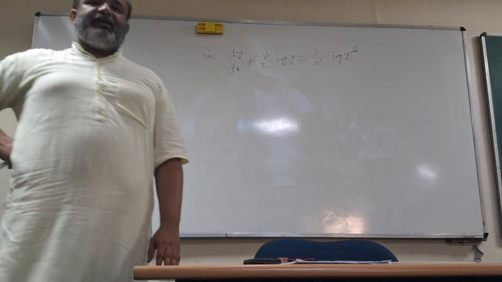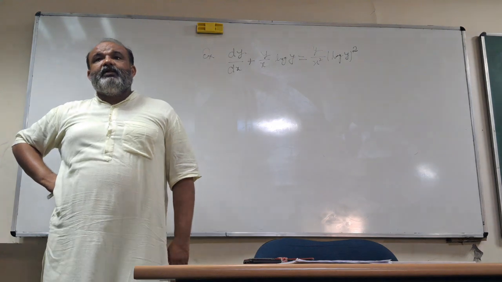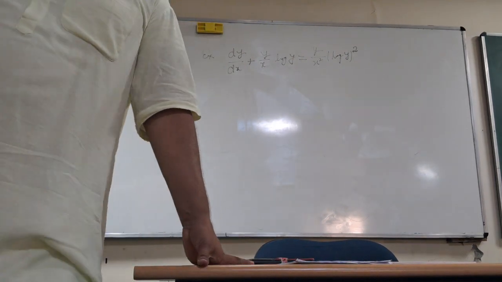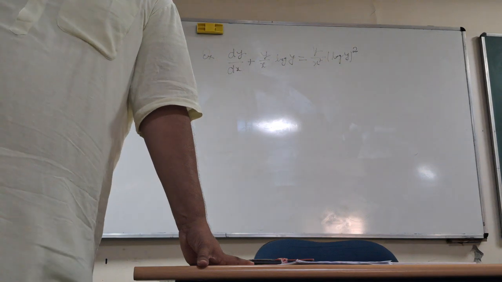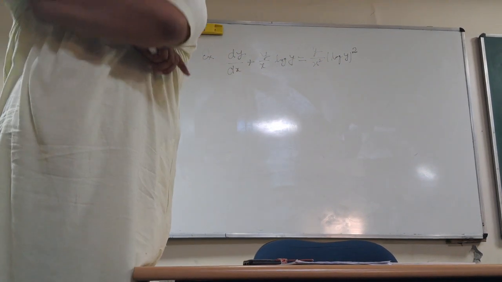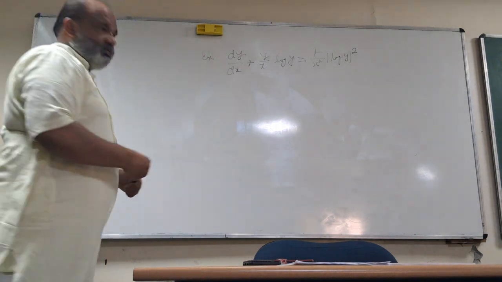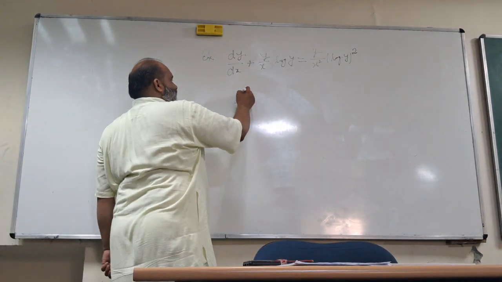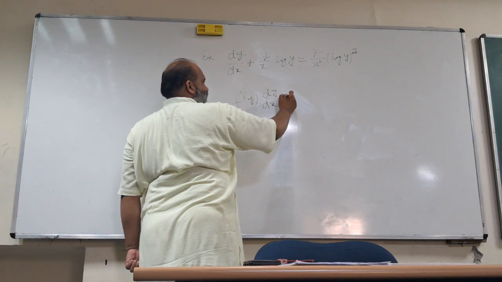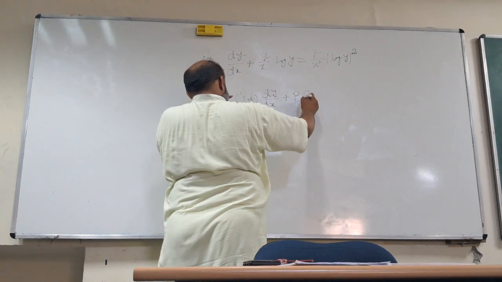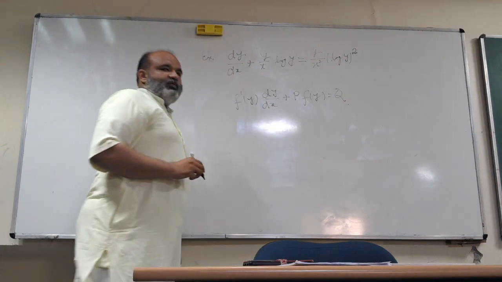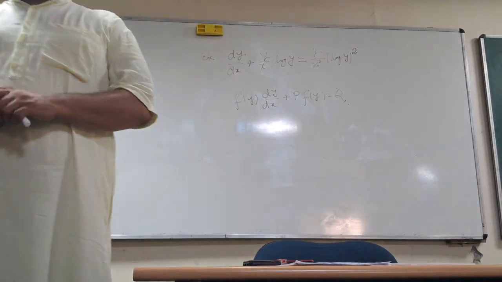So just make some comparison. The given equation is, if it is in a form like this, f dash y plus p of f y is equal to q. You will have to make some comparison.